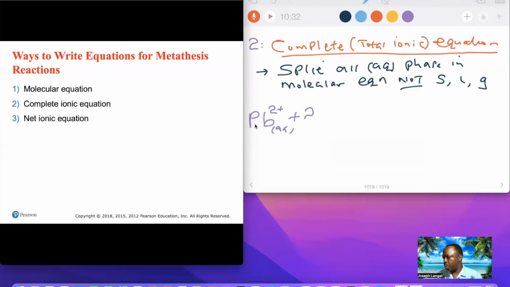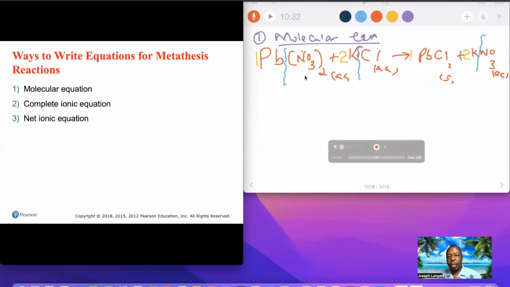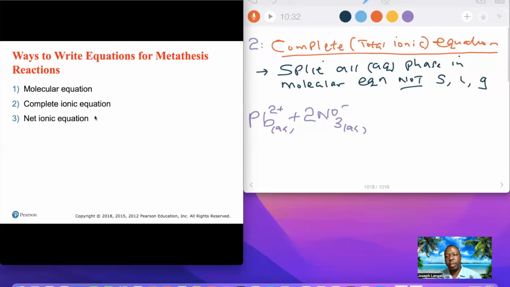That means 2 nitrate, and it has an overall charge of negative. Don't forget the charges. Take note that the subscript for nitrate here has changed to the coefficient of nitrate in the complete ionic equation. Those are the ions from the first reagent, plus 2 positive plus 2 negative.